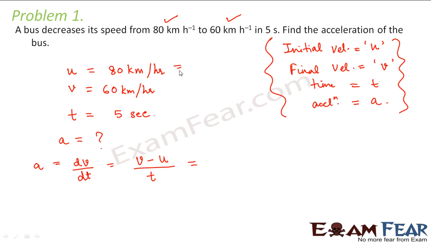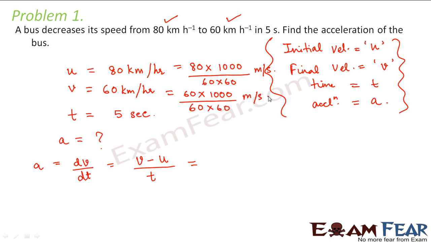Now, time is given in seconds and velocities are given in kilometers per hour, so let us convert these into meter per second. For that we multiply by 1000 divided by 60 into 60, because 1 kilometer is 1000 meters, 1 hour is 60 minutes and 1 minute is 60 seconds.